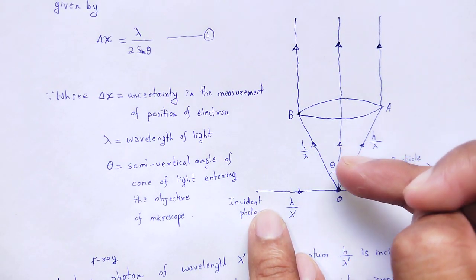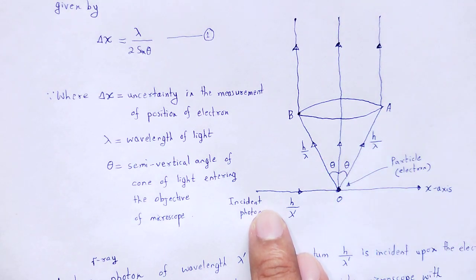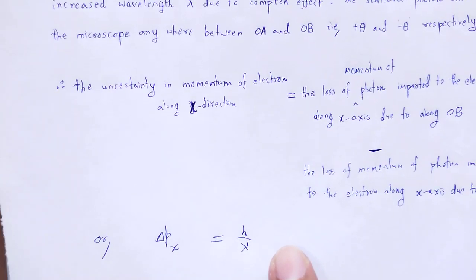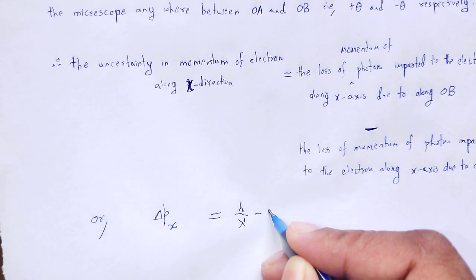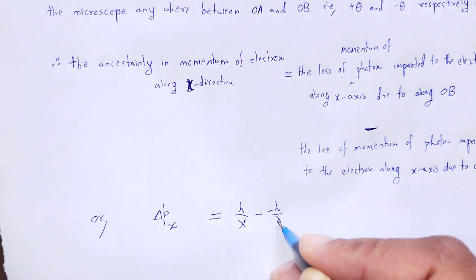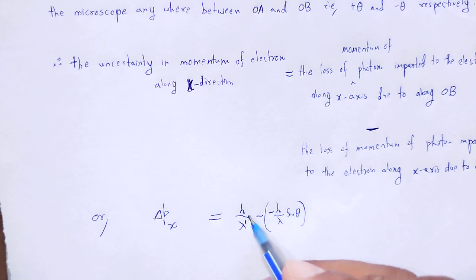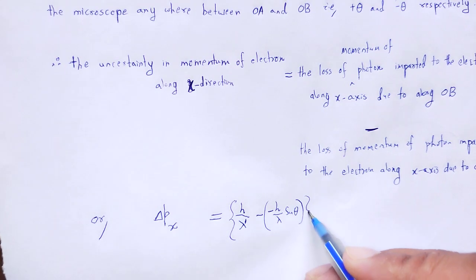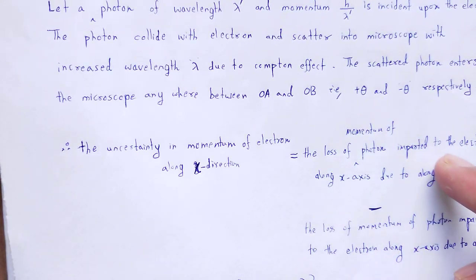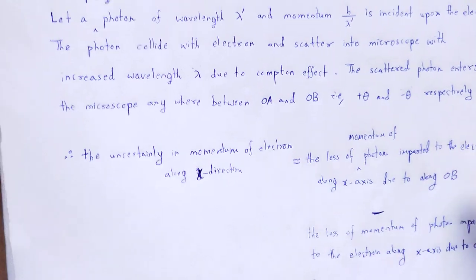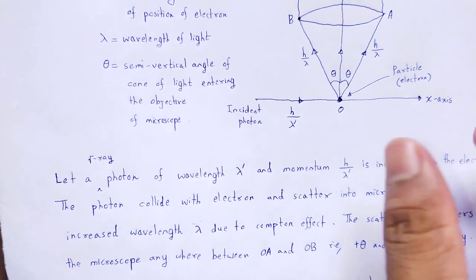So h by lambda sin of minus theta, that is minus h by lambda sin theta. Minus, understand it? That is the loss of momentum of photon imparted to that of electron along x axis due to OB.